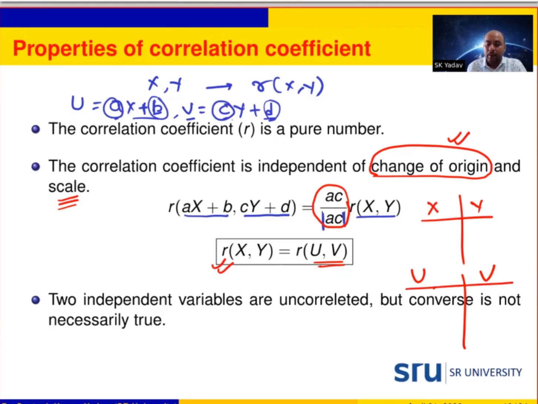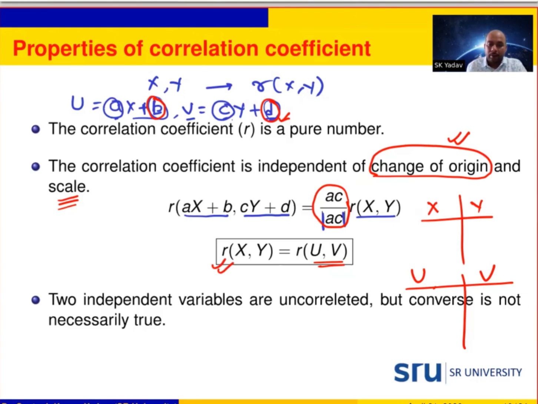I will subtract some average kind of number b from the x data and d from the y data. So these numbers x and y will reduce to smaller numbers u and v, and computation will be very easy for us and we can do it manually.